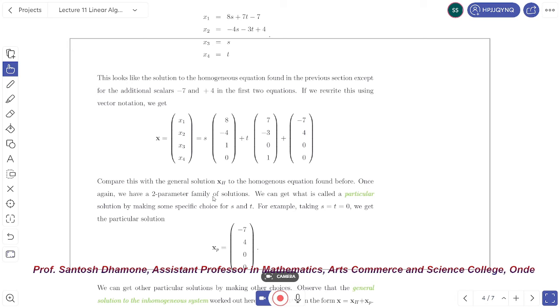Proof. Since xp and yp are solutions, we have A into the difference of these two, xp minus yp, equal to A xp minus A yp, equal to y minus y. Why? Because our system of equations is Ax equal to y.